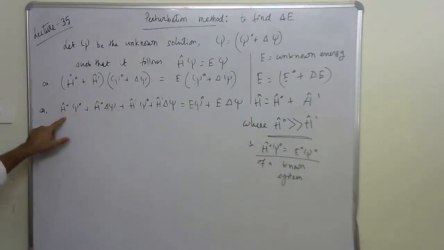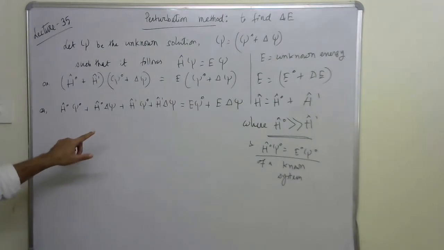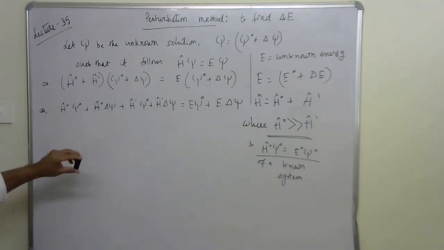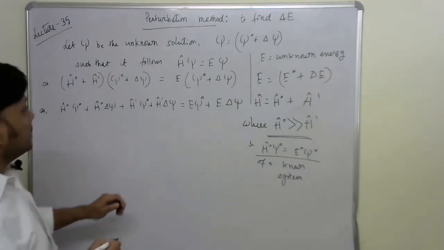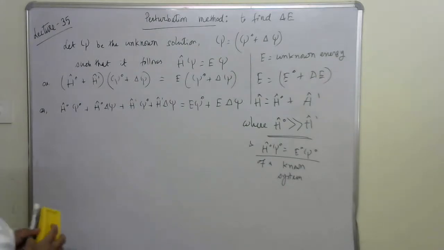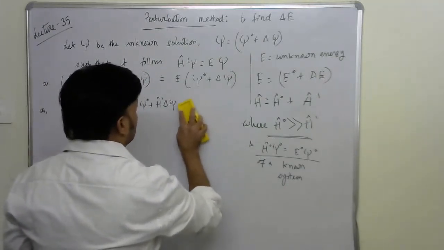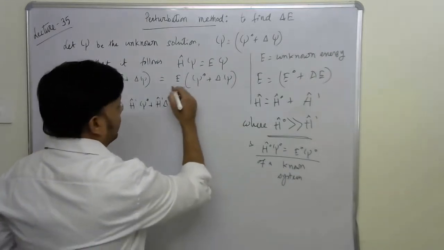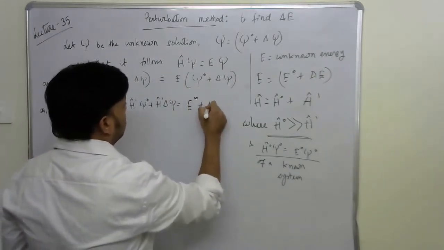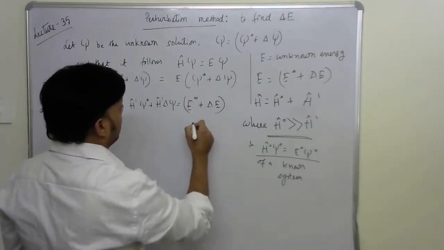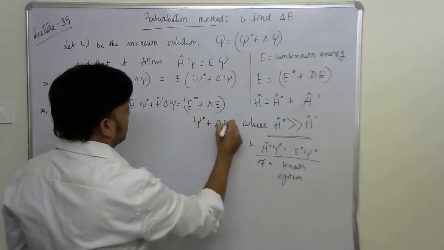What we need to do is still expand the E term, so we can break this equation one more way: E is equal to E naught plus delta E, multiplied by psi naught plus delta psi.